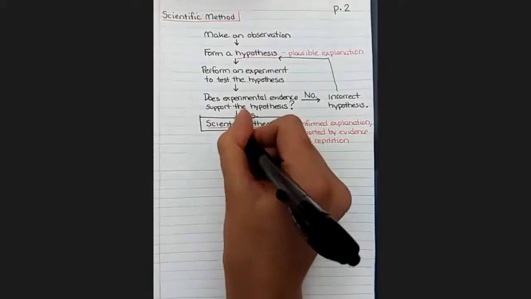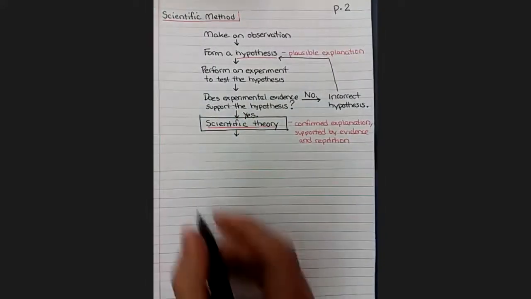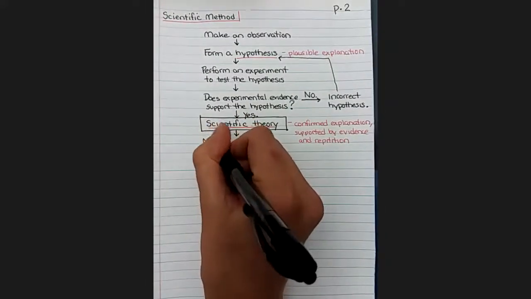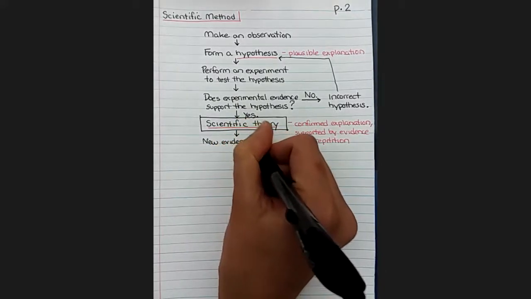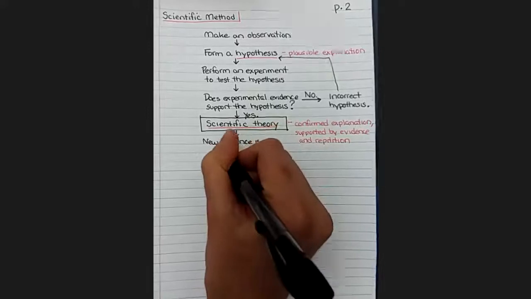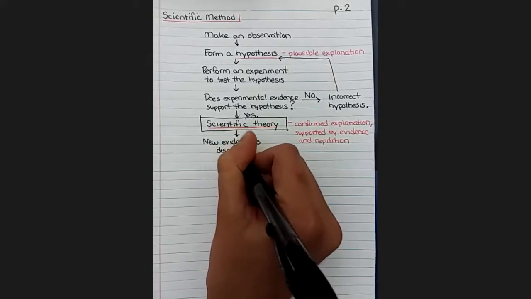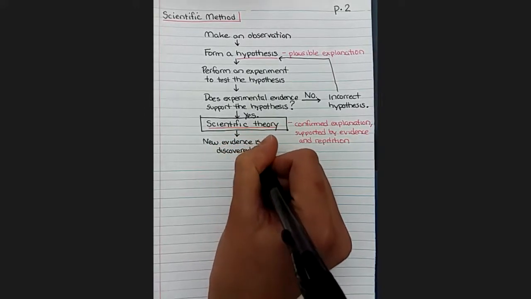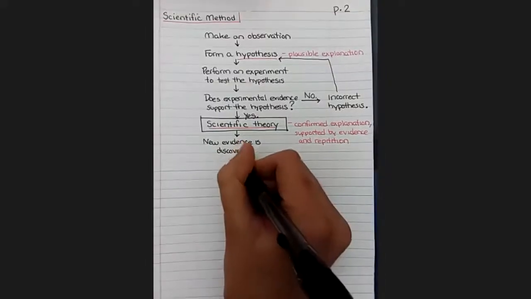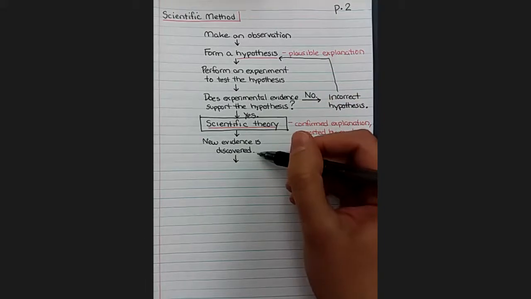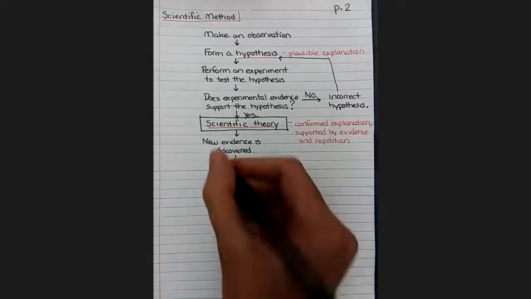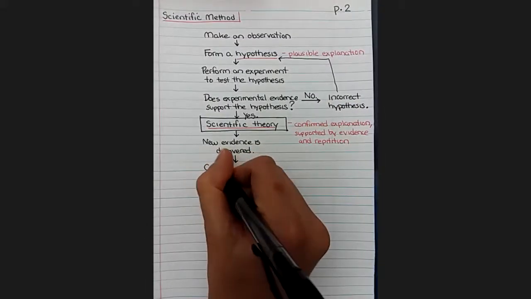But a lot of those scientific theories were written an awfully long time ago, 1700s and 1800s. And sometimes here with our modern advanced technology, we discover new evidence, a new thing related to the theory of gravity that we might not have known before. And just like when we did an experiment before to form the theory, once we discover new evidence, we have to see if it fits into that theory that we made.